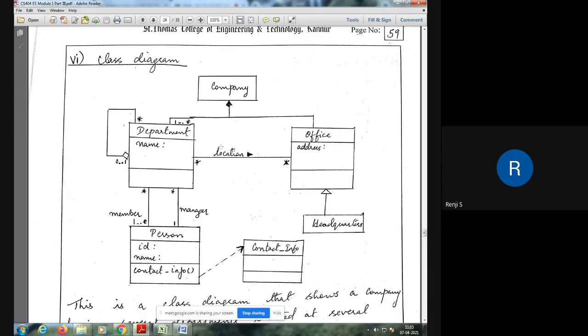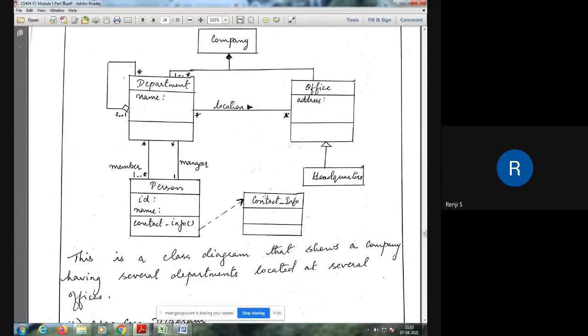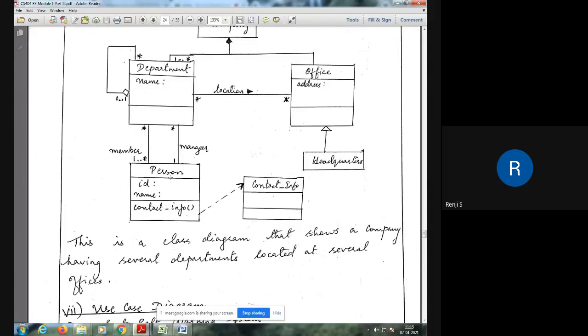And departments have various locations, and they are located in different offices. Then for each department, there is a person class, and there is one manager. There are several departments, and each department has one manager. And here there are one or more members in different departments. The star represents more than one.